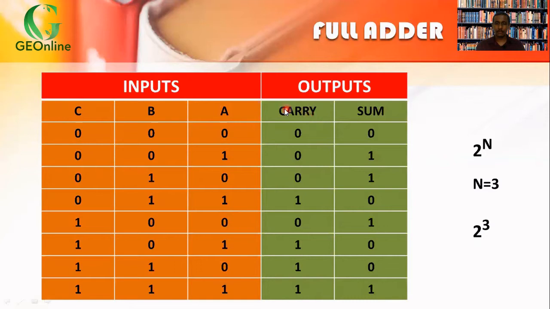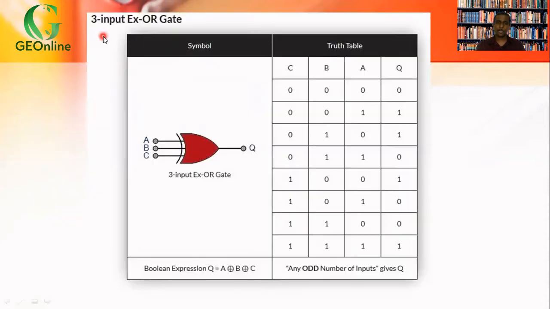For carry, we have to consider 3 or more gates. For sum, we have a single gate. Let us consider a 3 input XOR gate. The inputs of the XOR gate are A, B, C, same as the inputs of the full adder, from 0 0 0 to 1 1 1.